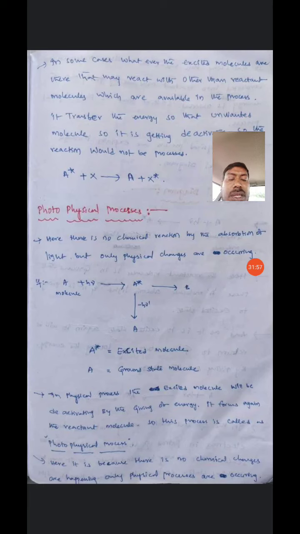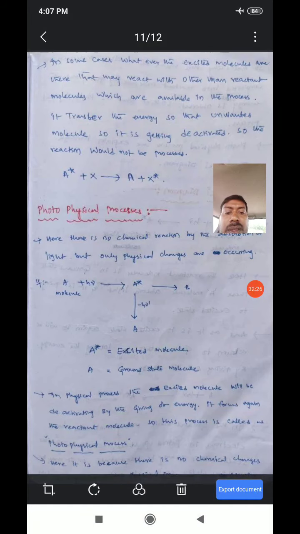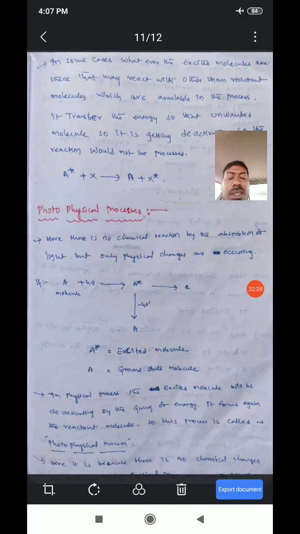If it transfers the energy to that unwanted molecule, it is getting deactivated, so the reaction would not proceed. So here A star reacts with X and forms A plus X star. So these are the reasons for low quantum efficiency or low quantum yield.